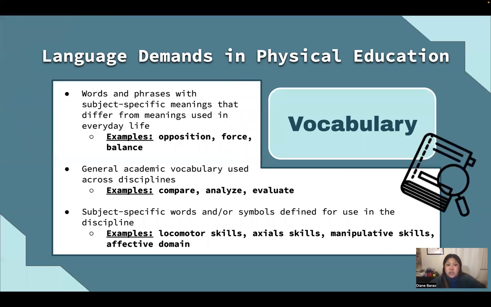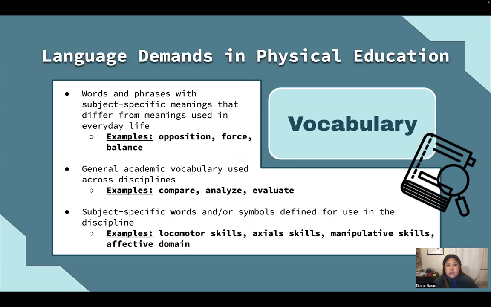Next, we have vocabulary. So these are words and phrases with PE-specific meanings that differ from meanings used in everyday life. So you'll use words like opposition, force, balance, kind of the words that you would think about when trying to explain the biomechanics of a certain movement.